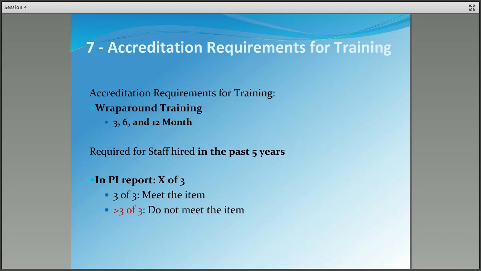If all workers have all the trainings they need for each of these 3 categories, you will get a 3 of 3 and will meet the item. However, if all workers have their 3 and 6 months wraparound trainings on time, but some workers never had their 12 months wraparound, for example, you will get a 2 of 3 and will not meet this item.